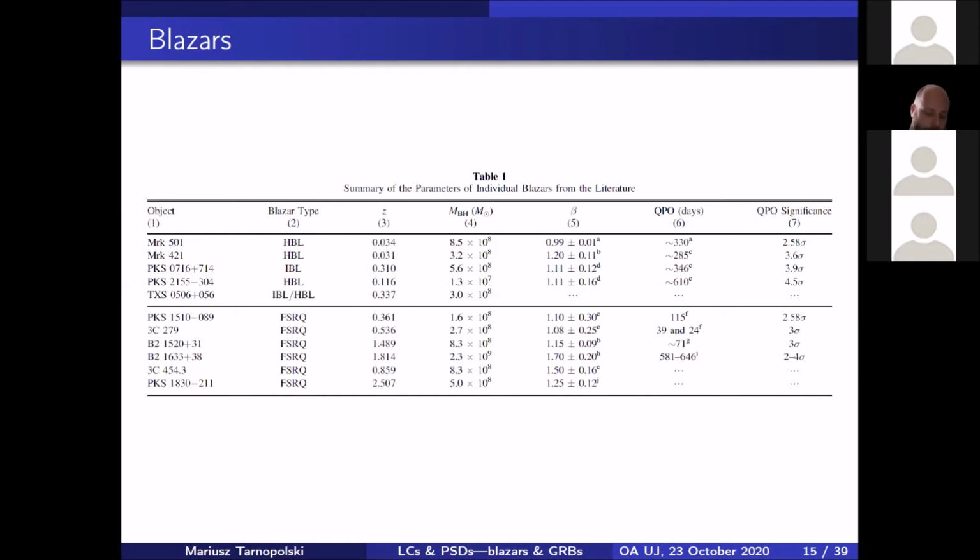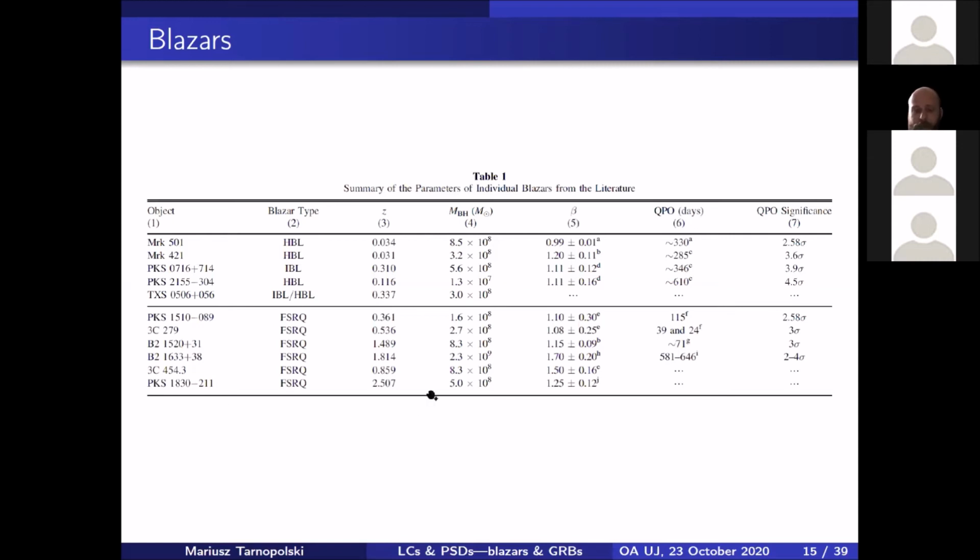I obviously don't have time here to describe everything in detail, so this will be just about a few of the selected results. Anyway, there were 5 BL Lac type objects in our sample, including the famous neutrino emitter TXS 0506, and 6 FSRQs, including PKS 1830, which is a gravitational lens in the gamma rays.